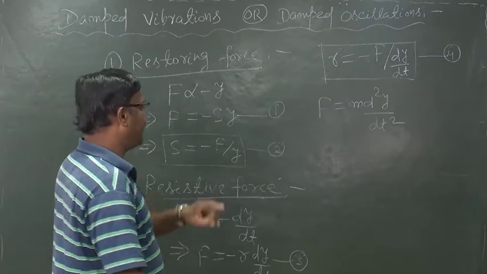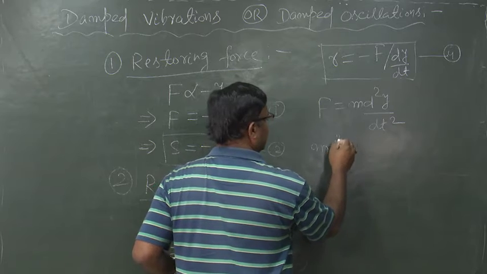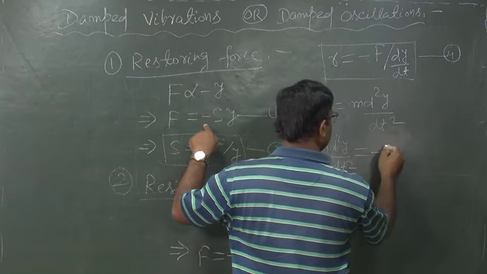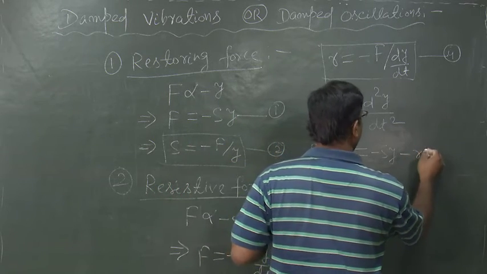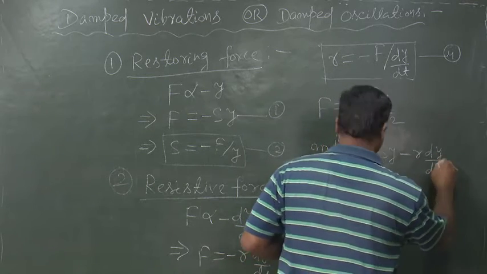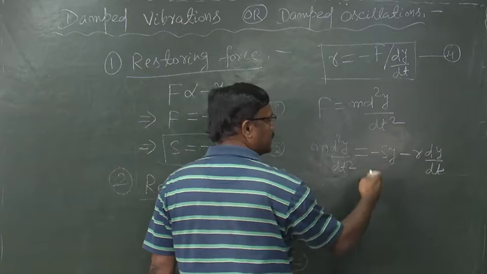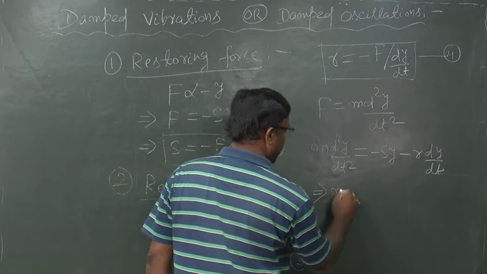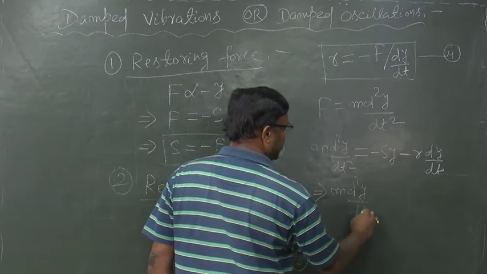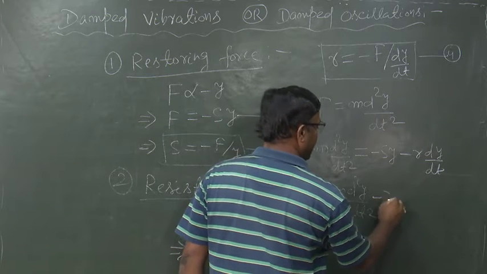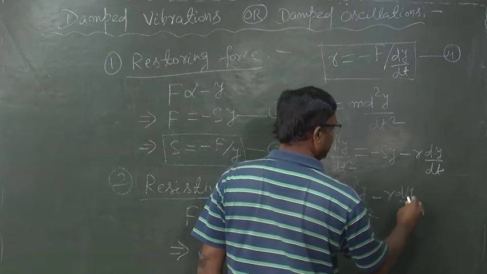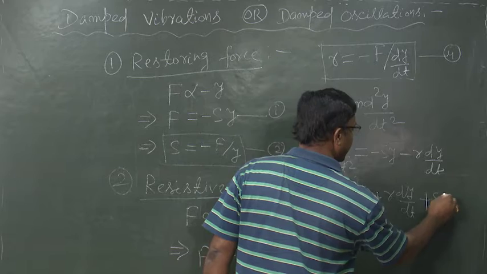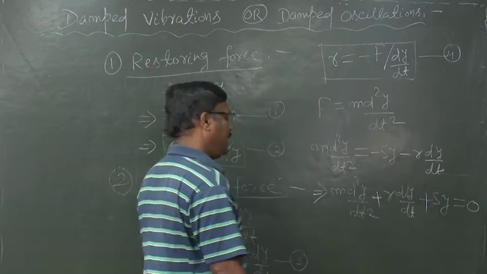So we can write m d square y by dt square equals minus sy minus r dy by dt, and taking all these quantities to one side, m d square y by dt square plus r dy by dt plus sy equals 0.